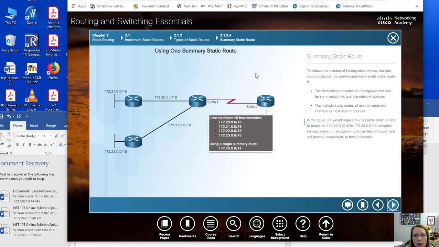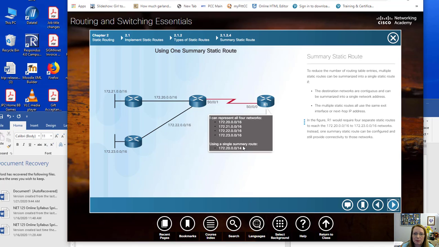Now, this scenario here for the summary static route is a little bit different. A summary static route will summarize multiple routes into one single summary route. Why do you care, or why does the router care?